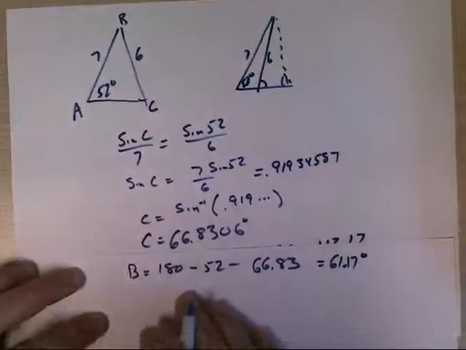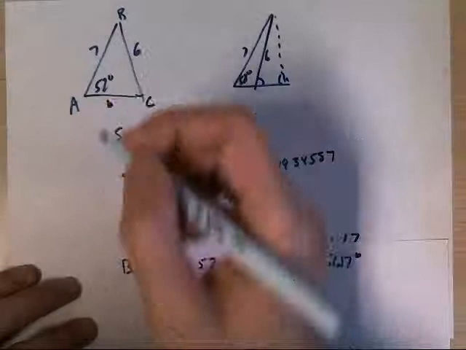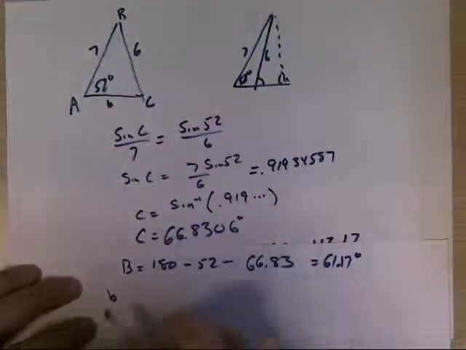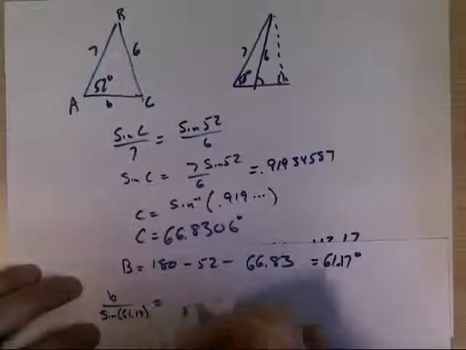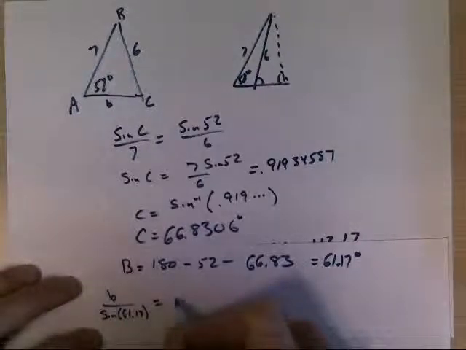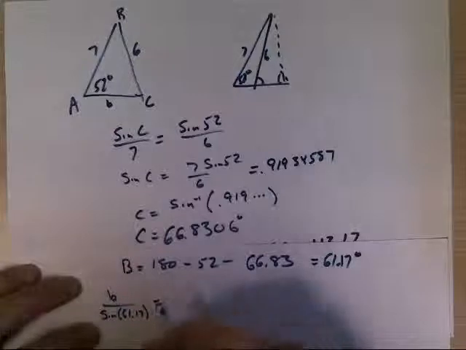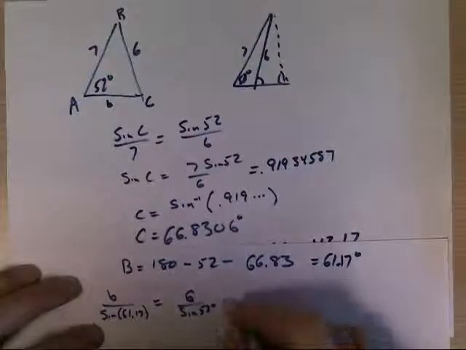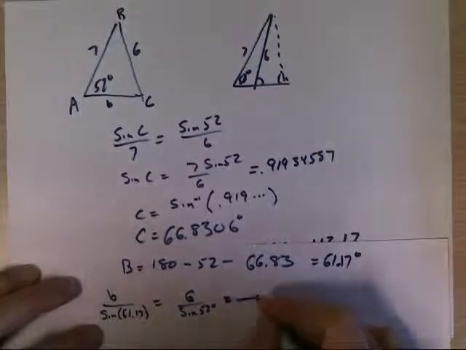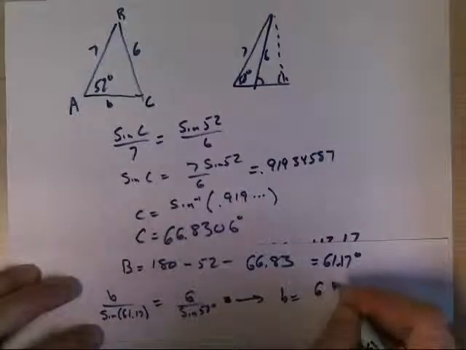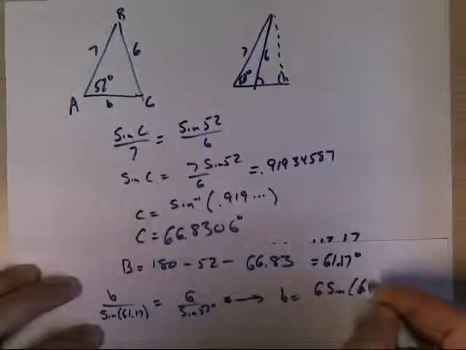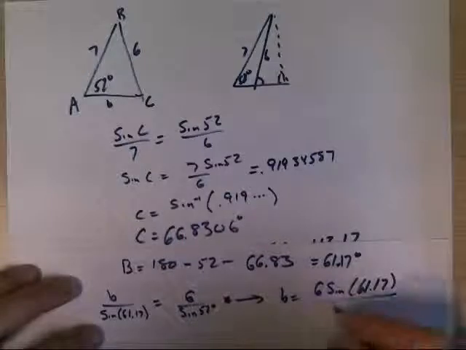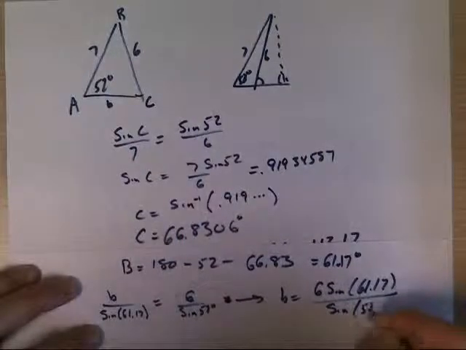And then the side length B down here is going to be calculated with the law of sines. B over the sine of this 61.17 equals the given information here, 6 over the sine of 52 degrees. So B is equal to 6 times the sine of 61.17 divided by the sine of 52 degrees.